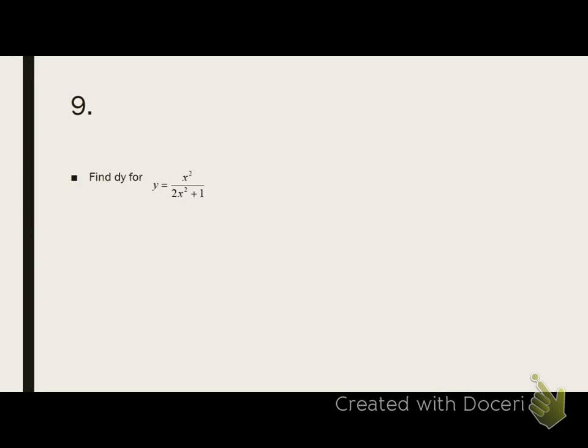Find dy. Why do I consider this one an easy one? All you're going to do is do what? Take the derivative, multiply by dx. What do you got to do for the derivative? Quotient rule. Go. So this is the derivative with respect to x, dy dx.